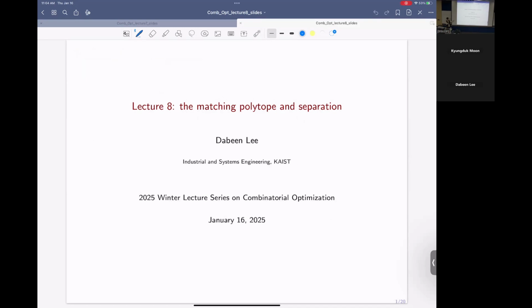So this is the last part of the matching problem. We're going to end with the matching polytope, and I'll discuss a bit about separation. Many of you who have experience in integer programming perhaps know already about the separation problem.